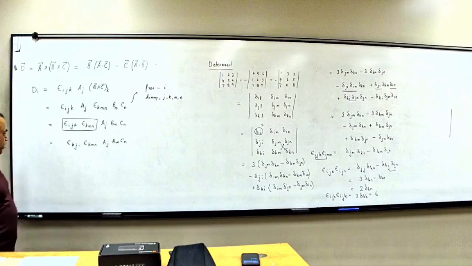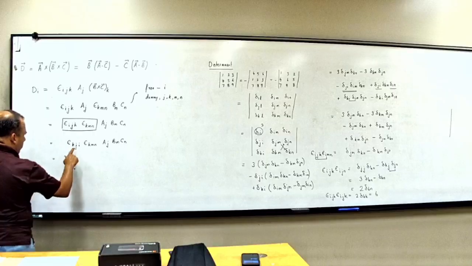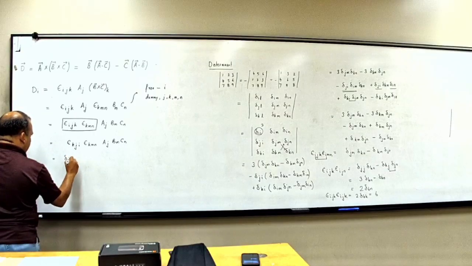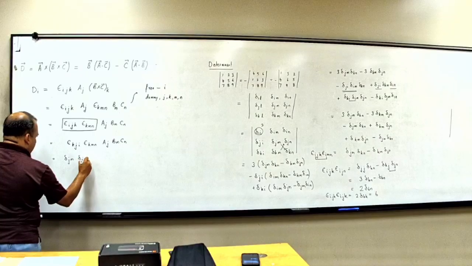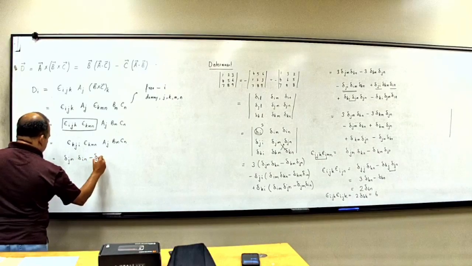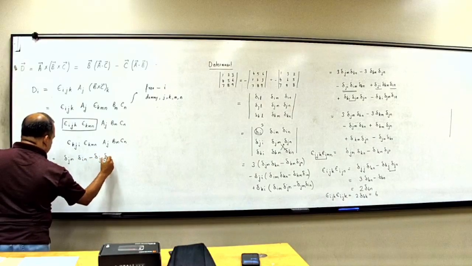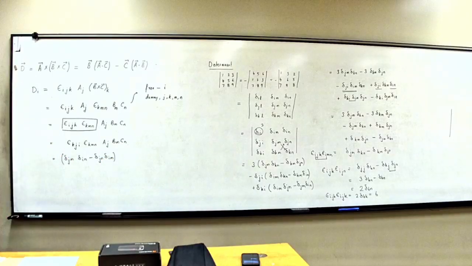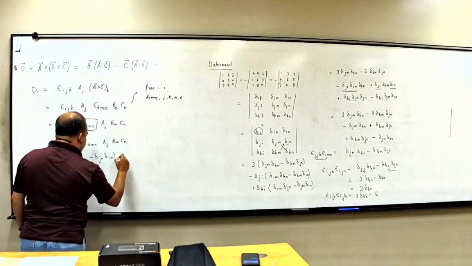I just have to change the letters accordingly here. So this will always be equal to j goes with m, i goes with n, and then swap it. So j goes with n and i goes with m. Okay, that's the identity.